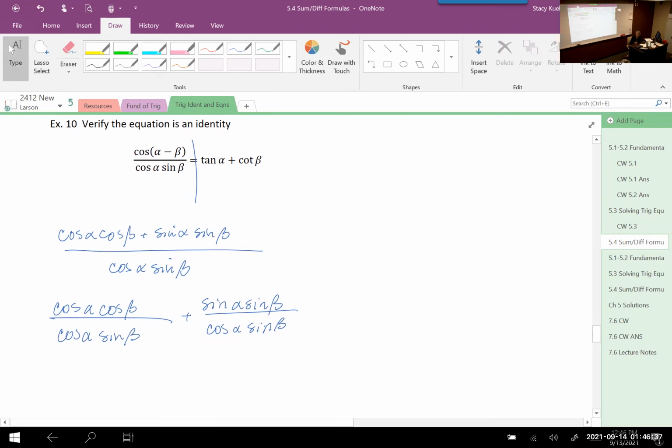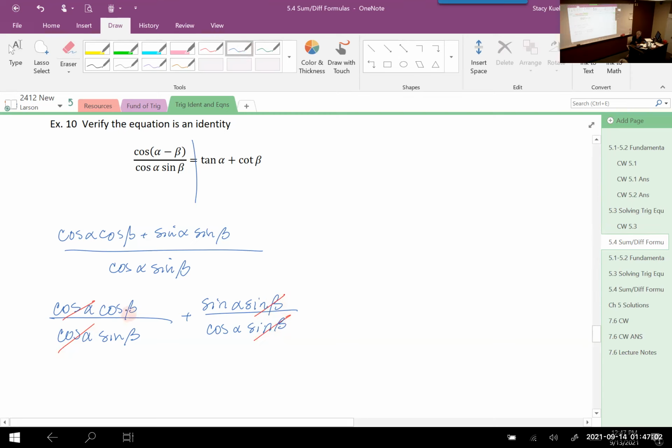What did that gain me? I can cancel common factors now, right? You can only cancel factors. So in the leftmost term, cosine alpha cancels with cosine alpha. And in the rightmost term, sine beta cancels with sine beta.